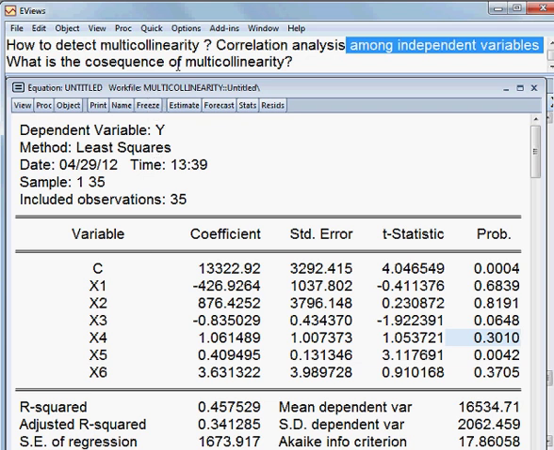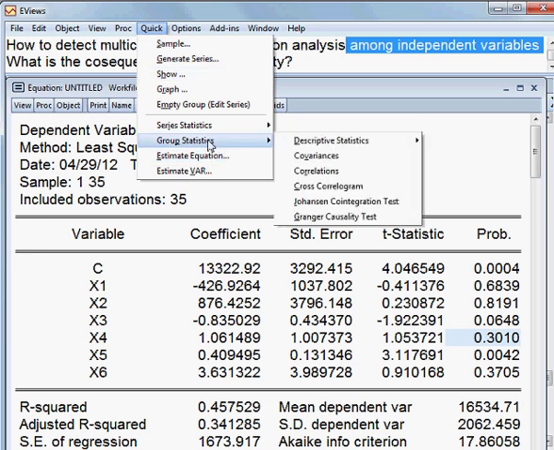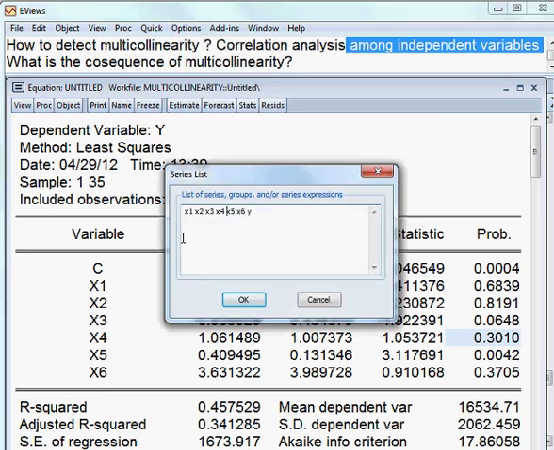Okay, so I have to go to Quick, then Group Statistics, then Correlations, right? We have to check correlations. Here, all the variables, I drop y.